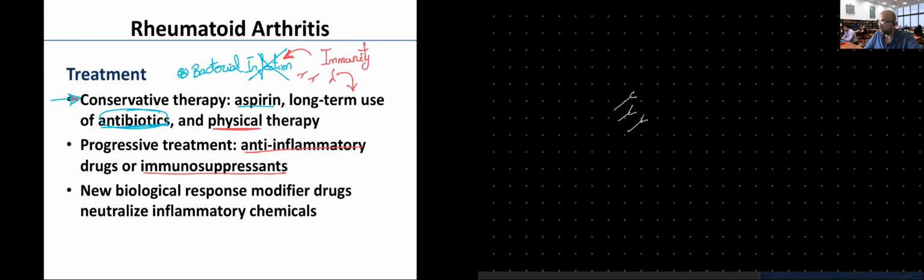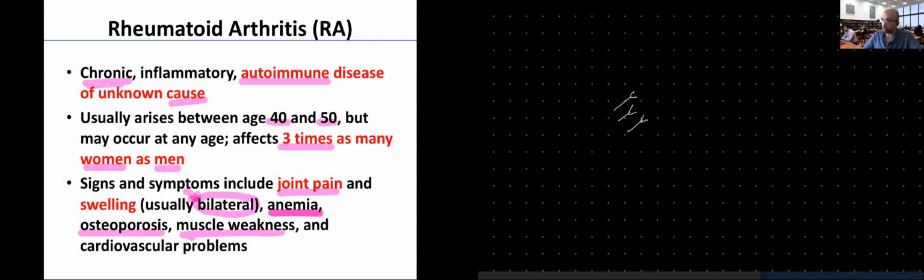New biological response modifier drugs are going to be used now to a lesser extent to target specific inflammatory chemicals. So I'm trying to reduce inflammation. I'm trying to suppress the immune system, force the immune system to not attack my tissues, including the joints. And again, the inflammation of the joint in here is what we call rheumatoid arthritis.